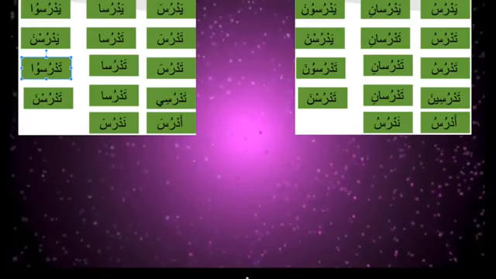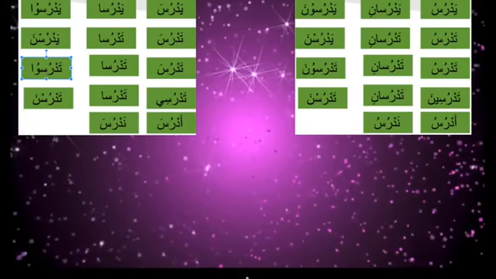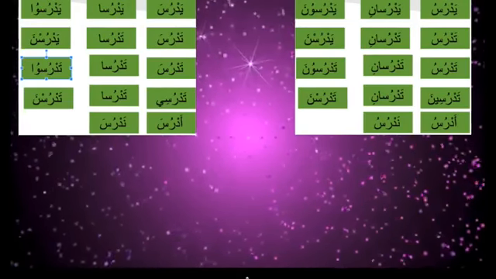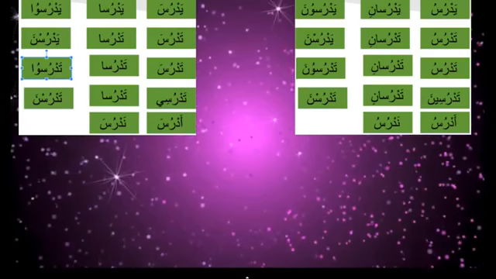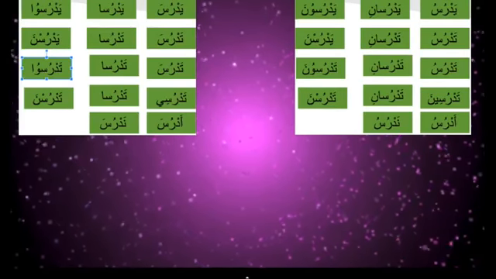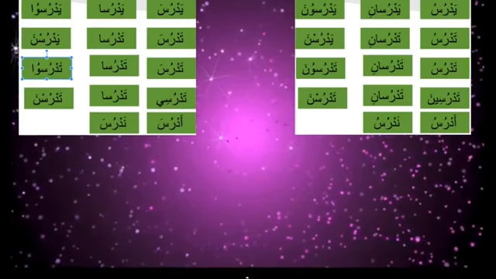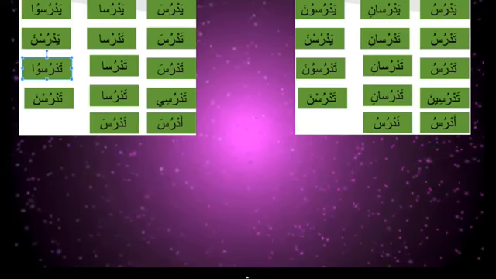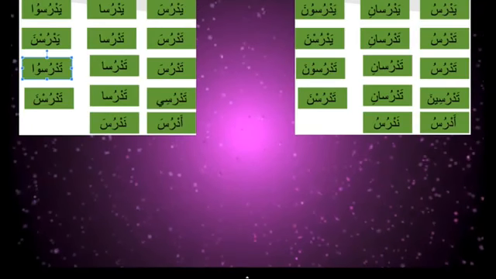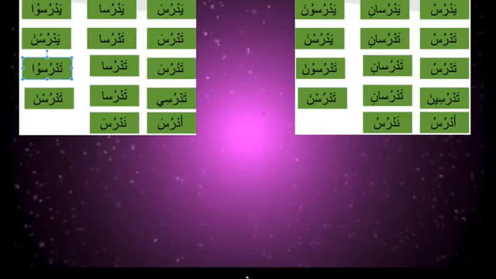This is the marfu' form. So how do we have a mansub form? It's the same thing with the fatha and the removal of the noon, and we have the mabni. So yadrusa, yadrusu, tadrusu, tadrusa, yadrusna. So hunna is mabni, yes, yadrusna.